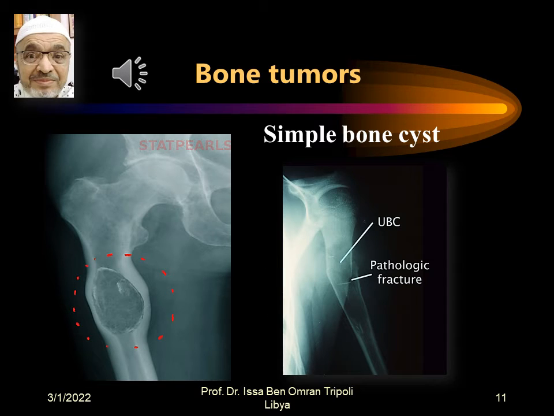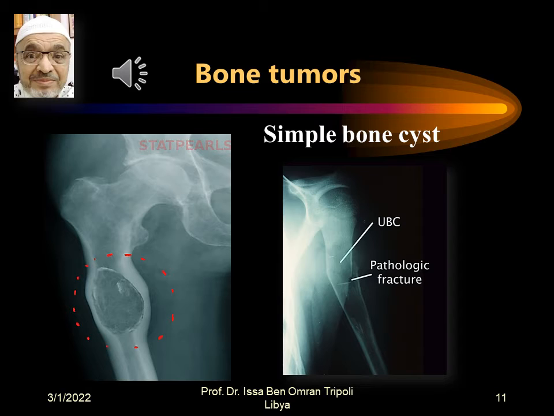And here two examples of simple bone cysts. On the left side we see a simple bone cyst. It means benign bone tumor on the upper part of the femoral shaft.